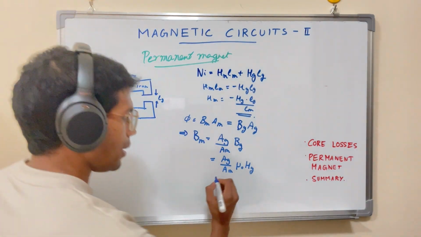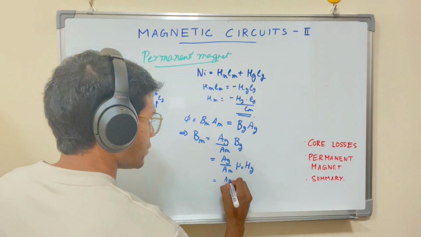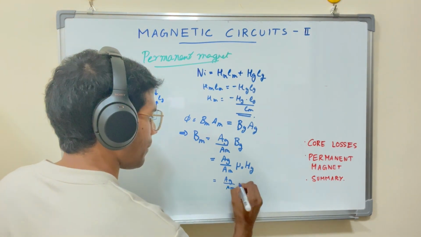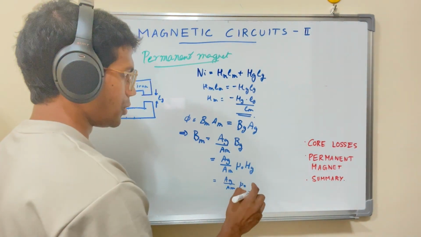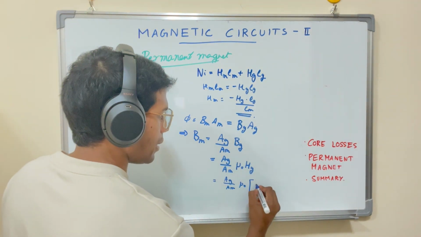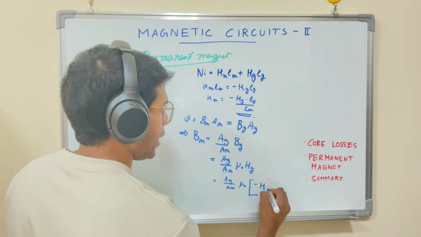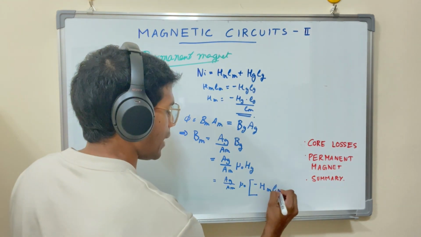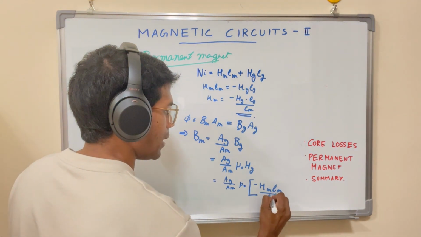Now we could go down further and write AG over AM times mu naught, and we could substitute the value of HG from here to give us negative HM LM over LG.